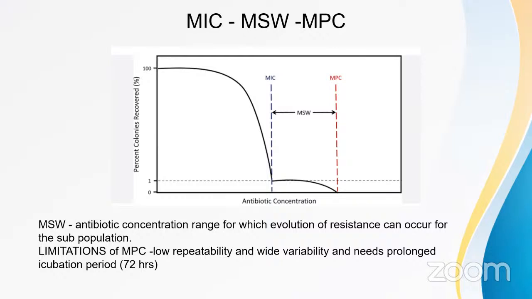That could be because of subpopulation resistance. And to get MPCs, we need prolonged incubation periods, up to 72 hours, and it's not being done in many labs. I think it's only being done in research centers and labs right now.